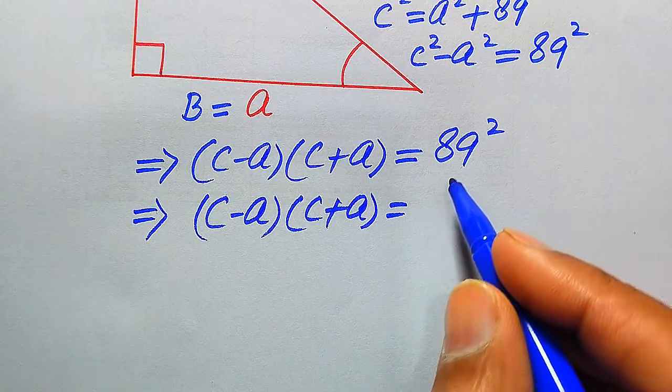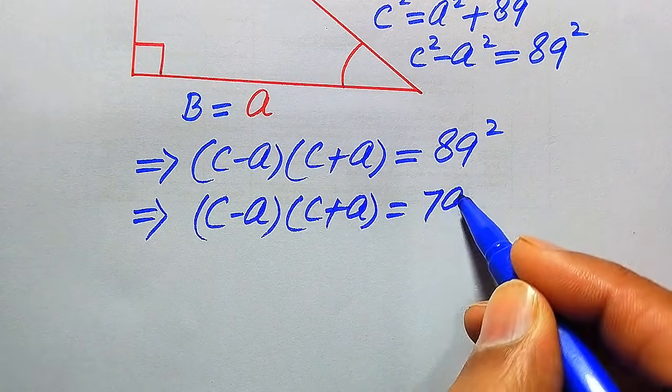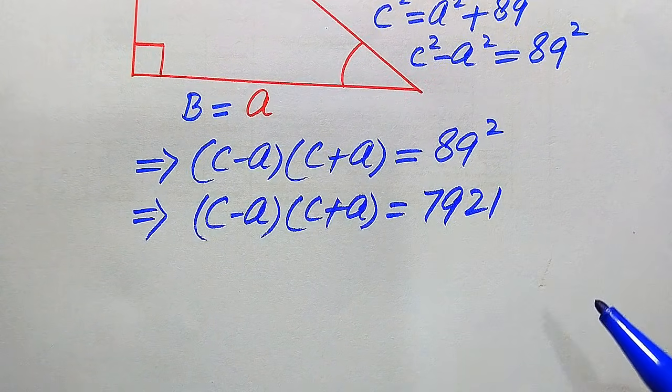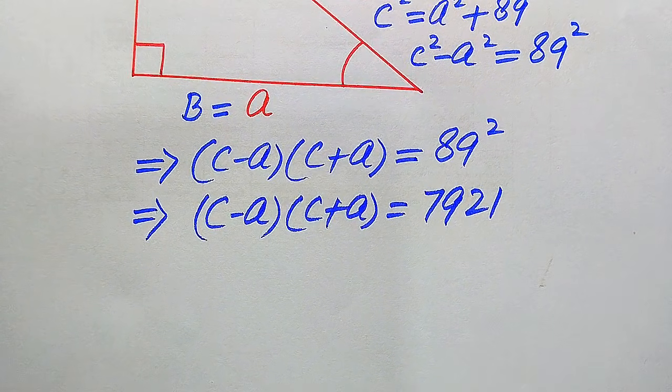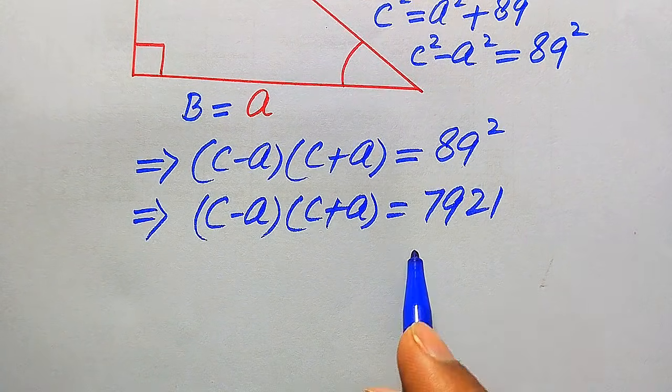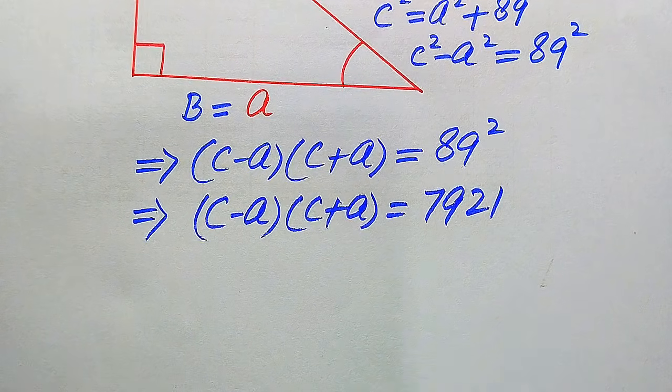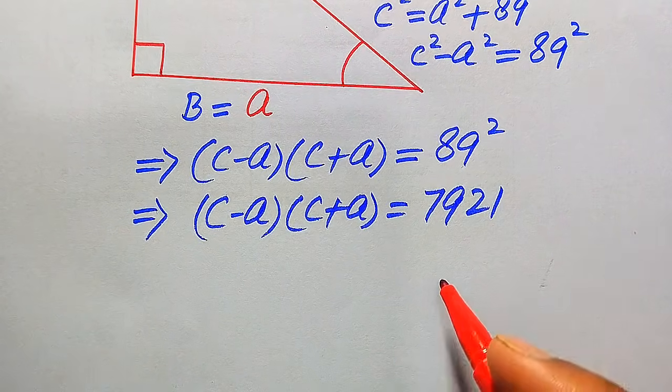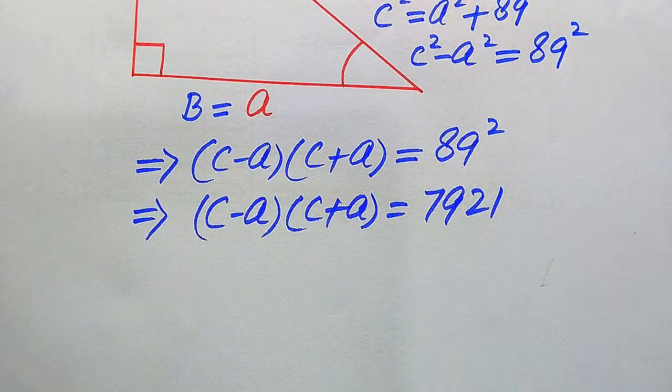And 89 squared becomes 7921. In the left hand side we have two factors multiplied by each other, but in the right hand side we have only one number. So first we need to find all the possibilities in which the product of two numbers becomes 7921.